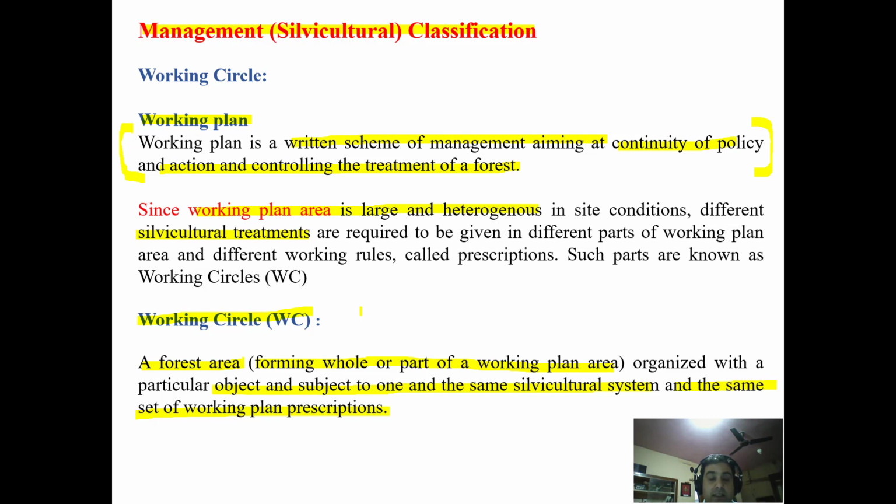Broadly based on the silvicultural requirements of the forest. The forests in the south, in the north and in the center have specific characteristics, and based on those characteristics they may require specific silvicultural systems, treatments and working plan prescriptions. That is why they have been named as working circles 1, 2 and 3.